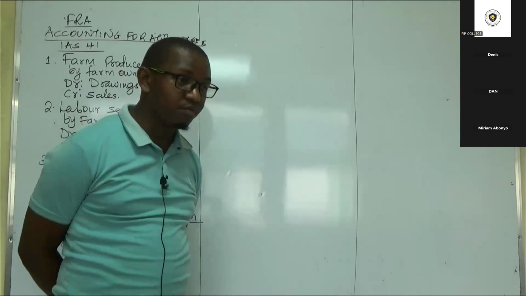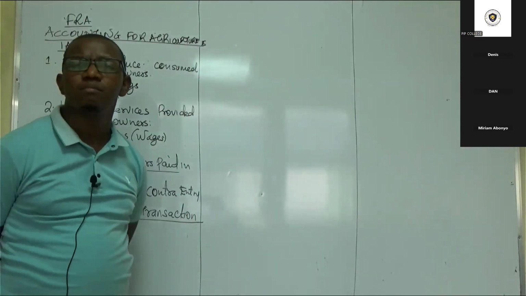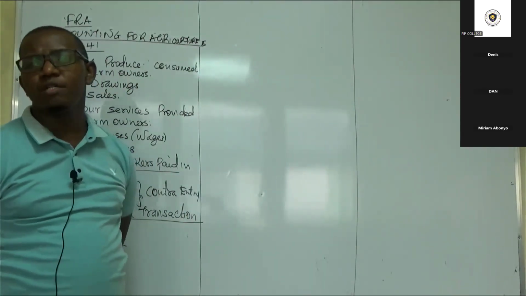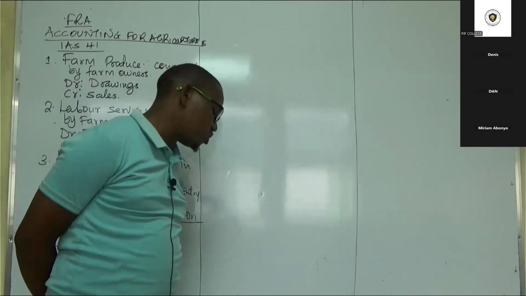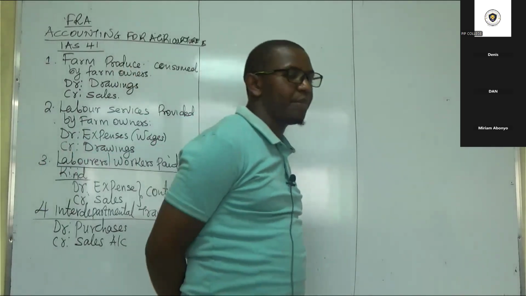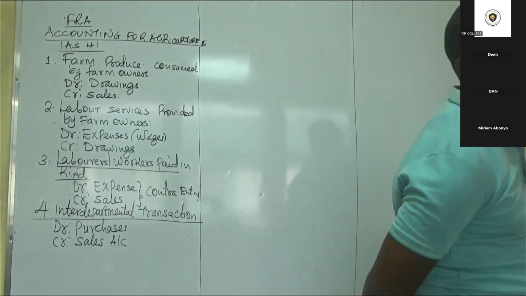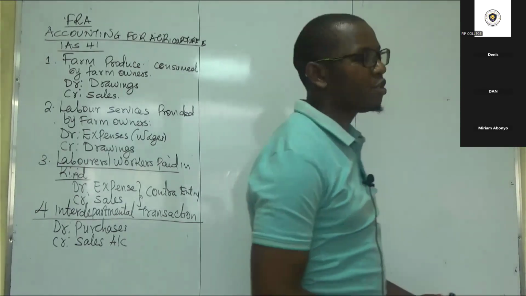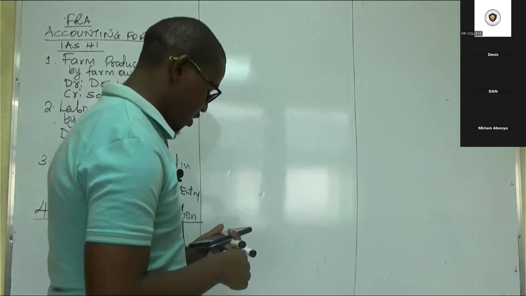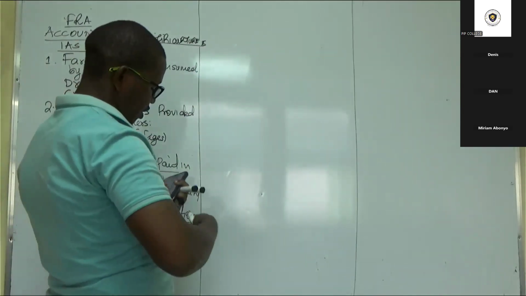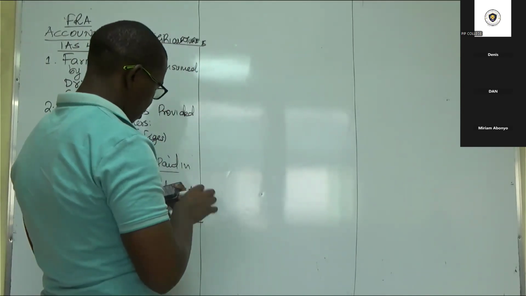Number two is the crop department. And number three, you can talk of the poultry department.